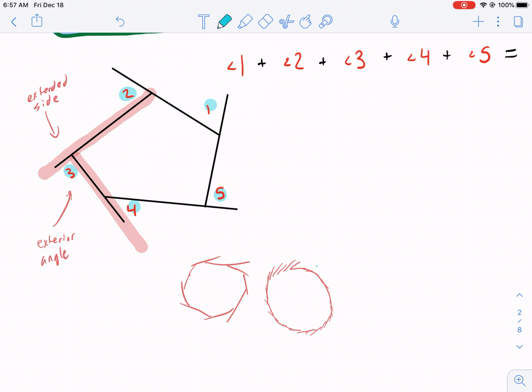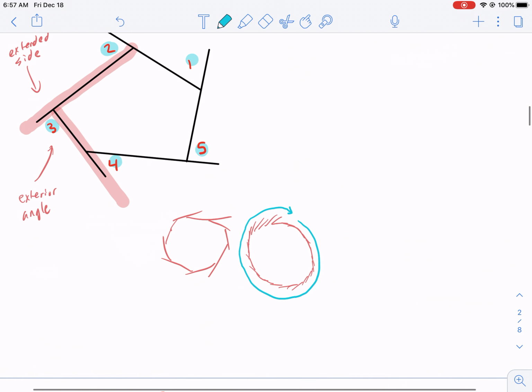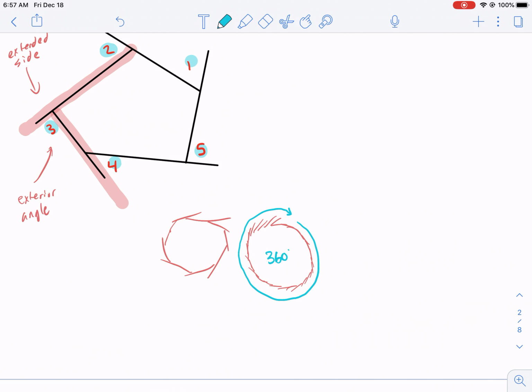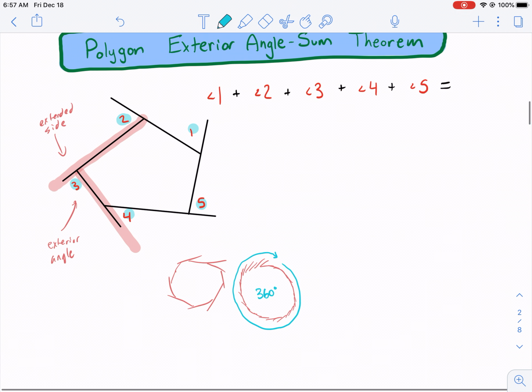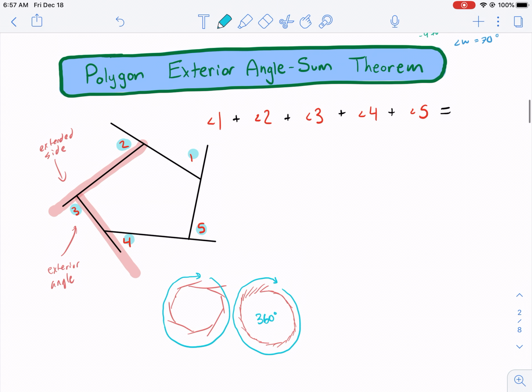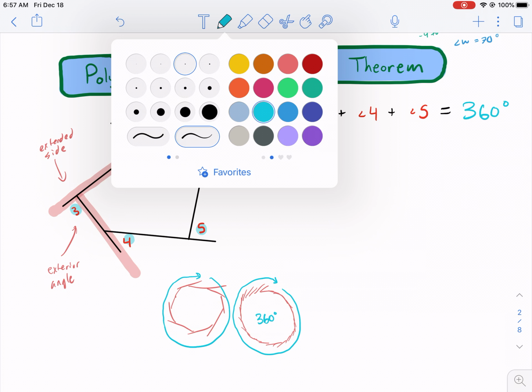And as you can start to see, it's going to start looking like it adds up to a certain number. Notice how it's starting to look like a circle. Well, in a circle, there's 360 degrees. So it turns out that no matter what the shape is, the exterior angles always add up to 360 degrees. I think this one's the coolest because every shape, even triangles, adds up to 360 degrees.